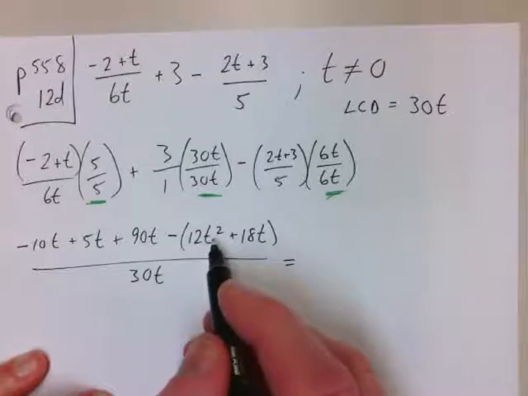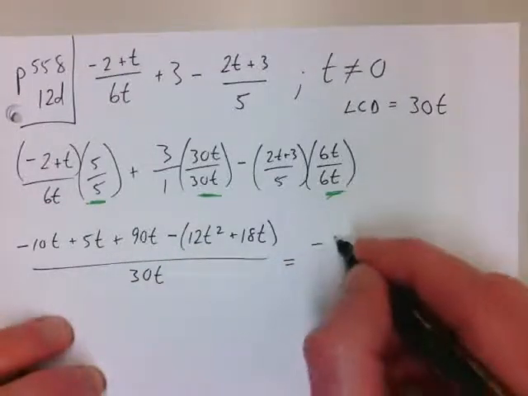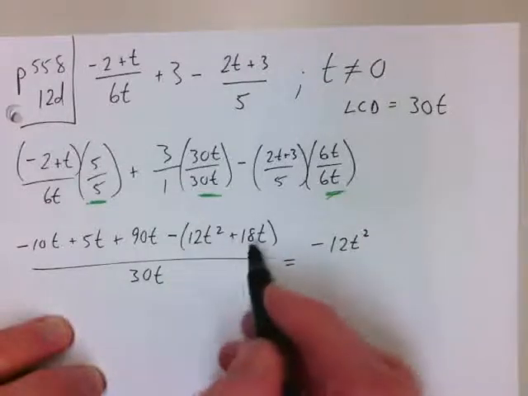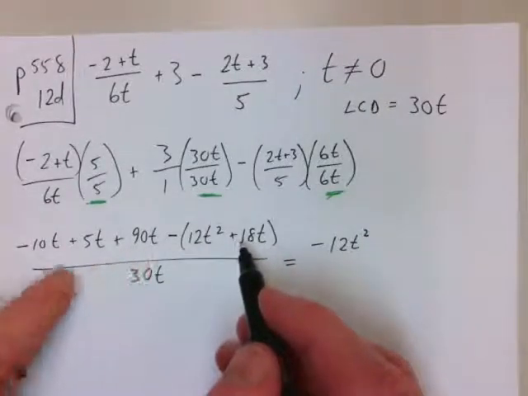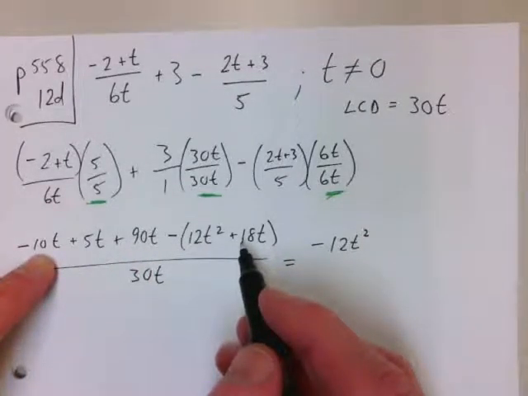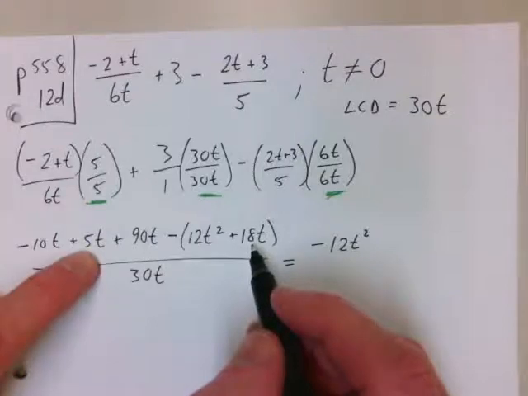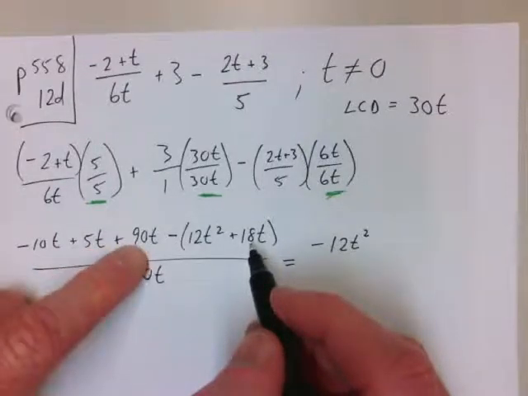So it's negative 12t squared. No other t squareds in there. And this is negative 18t, and negative 10t. Everything else is t's, actually. So negative 18 and negative 10 is negative 28. Negative 28 and 5 is negative 23. Negative 23 and 90 is 67.